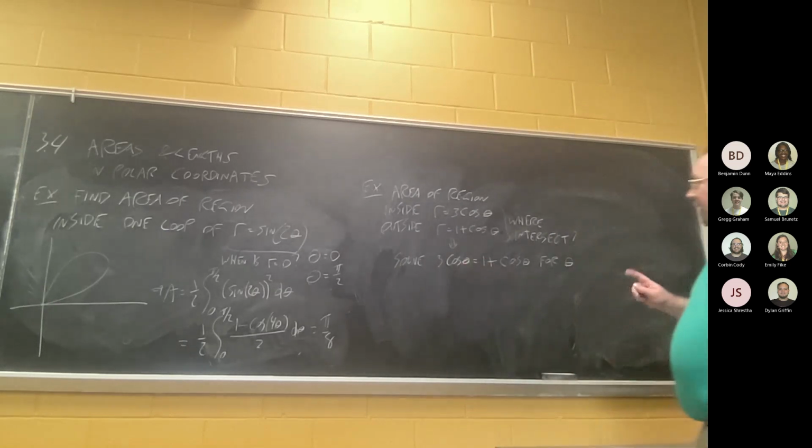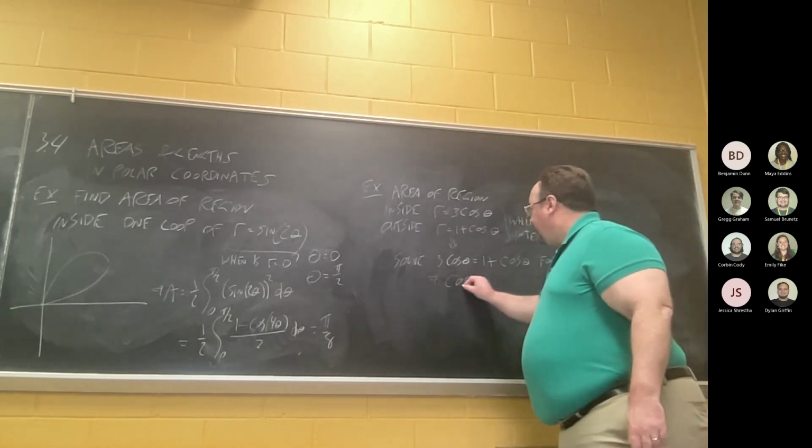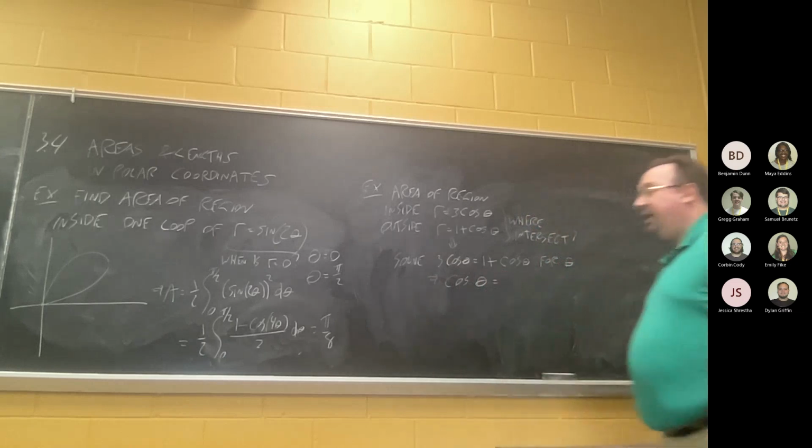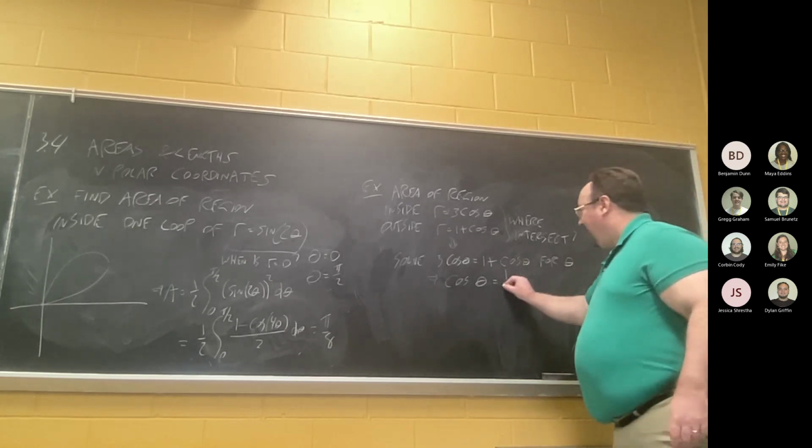Ultimately you want theta, but as an intermediate step, you can solve for cosine theta. If you rearrange, what must cosine theta be equal to? Yeah, 1/2.